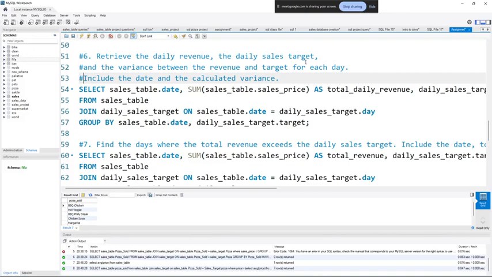That's what they mean. And he said in your answer include the date and the calculated variance. That is the variance that you calculated here. So how many columns am I having in total? He said retrieve the daily revenue, so I'll have this, I'll have this, I'll have the dates, and I'll have that variance that we calculated here. So making what?